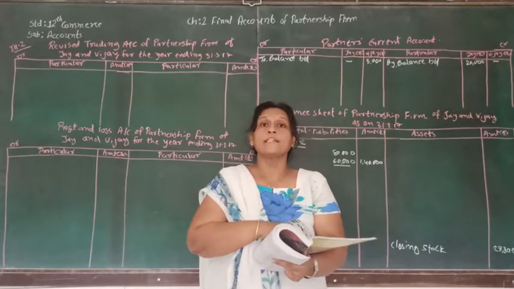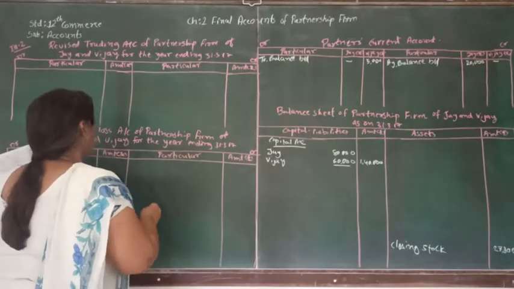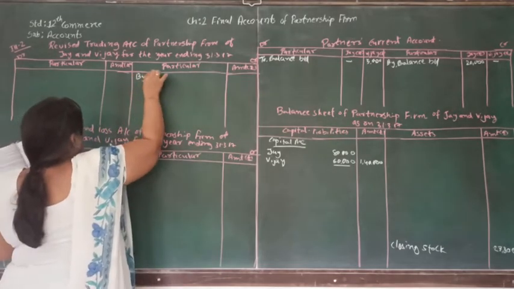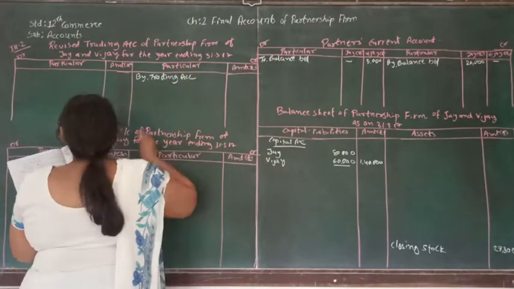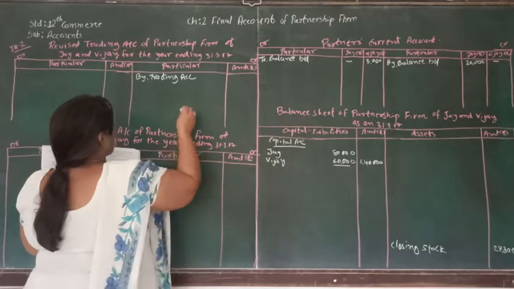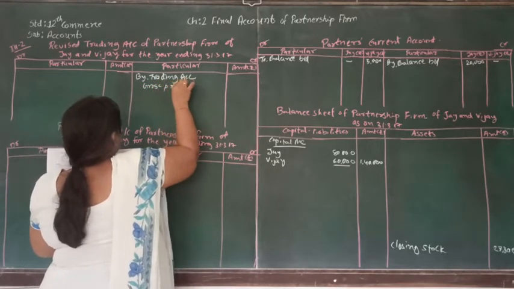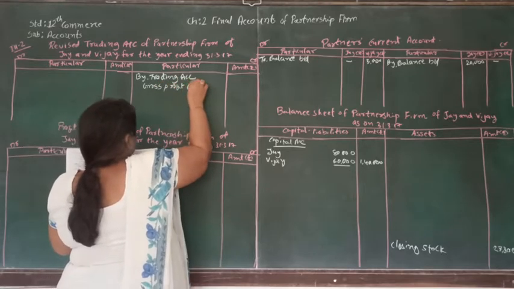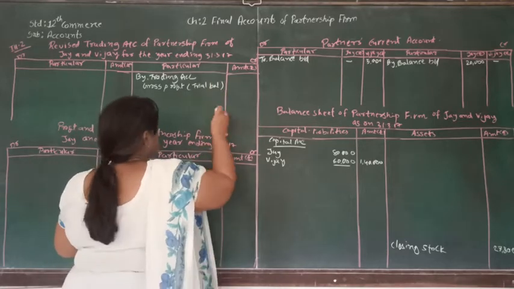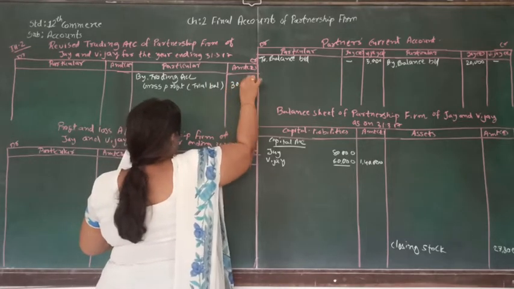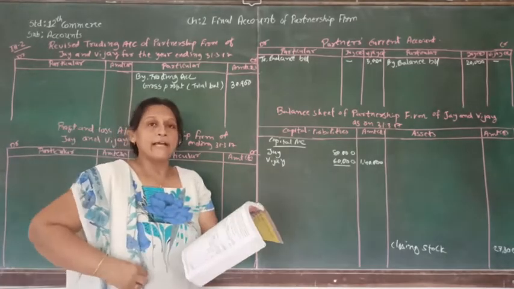We can see the trading account on the credit side, so on the credit side we write by trading account. This is the gross profit that we have taken from the trial balance, and this gross profit is 30,900.